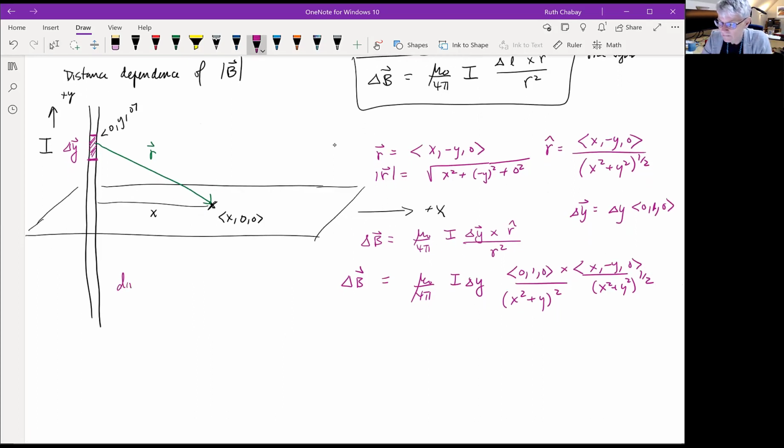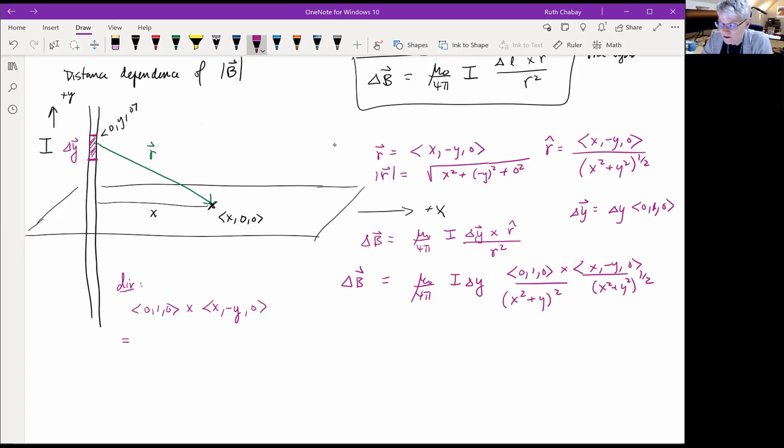Well, let's do direction and magnitude separately. The direction is given by 0, 1, 0 cross x, negative y, 0.